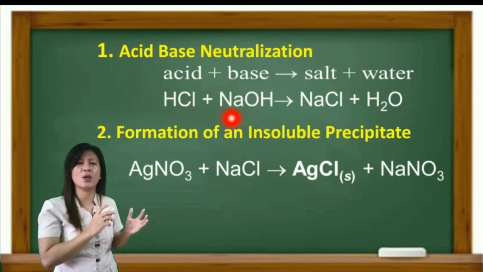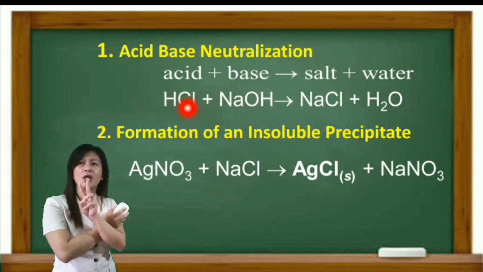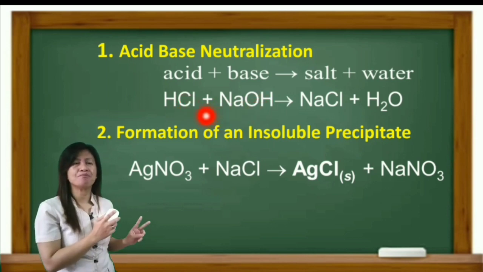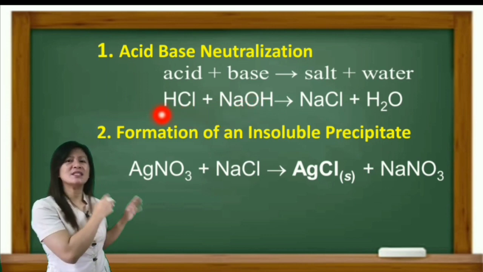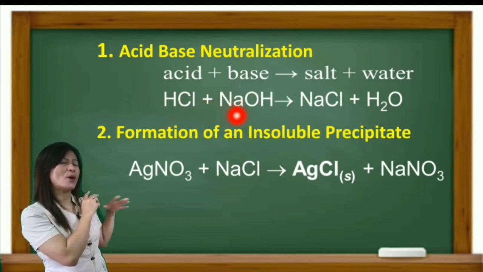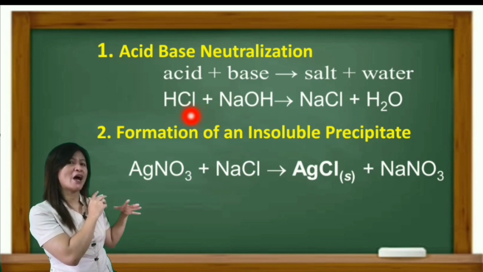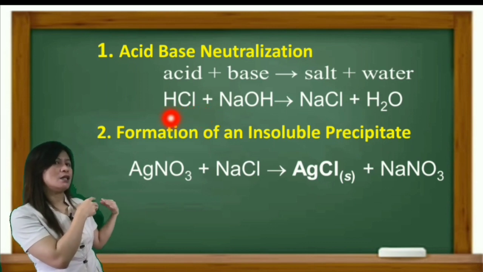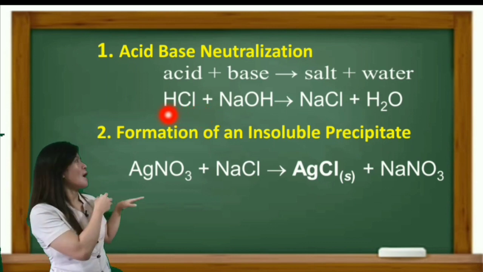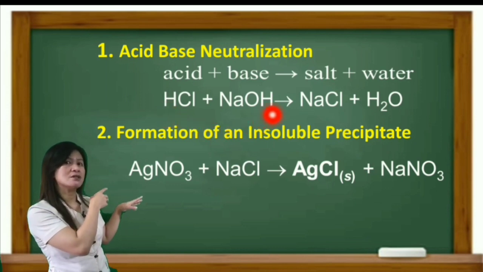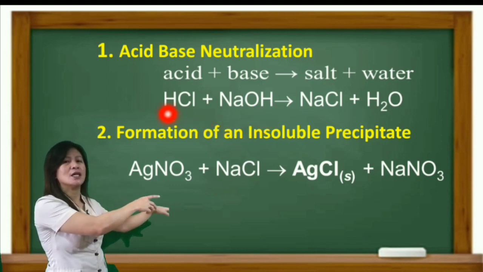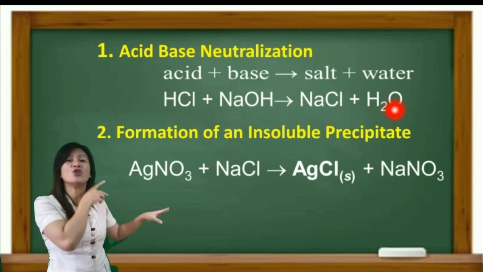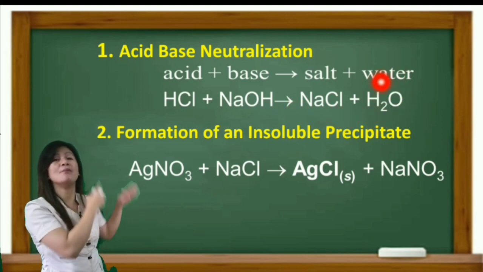From the general equation, one of our two products is pattern AD. What is again our AD pair of ions from the reactants here? We have H as A and OH as D. Combining H and OH, we will form water.